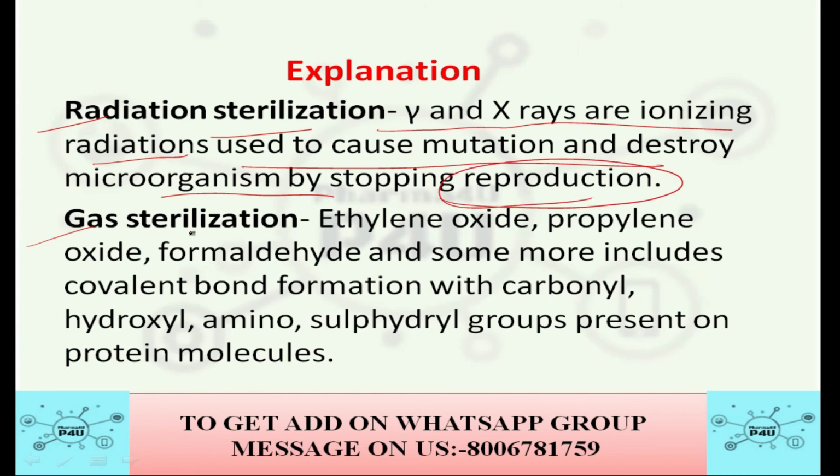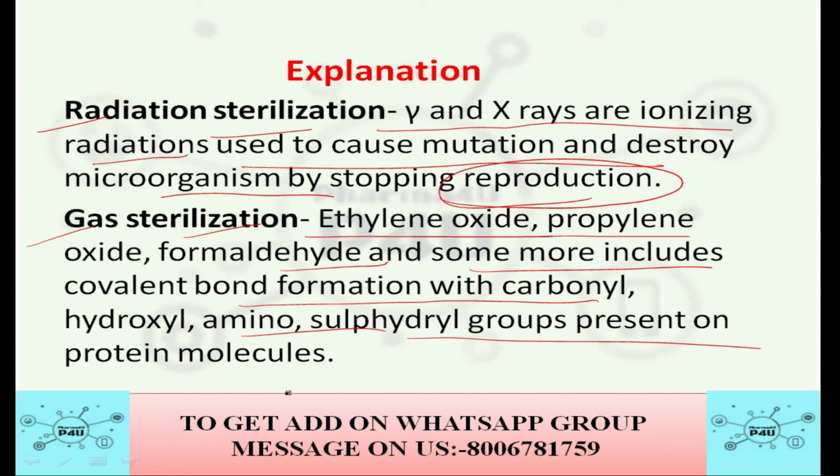And in gaseous sterilization, we use gases like ethylene oxide, propylene oxide or formaldehyde, whose mechanism includes covalent bond formation with carbonyl, hydroxyl, amino and sulfhydryl groups present on protein molecules. So students, these are the four techniques: autoclave sterilization, dry heat sterilization, radiation sterilization and gaseous sterilization.